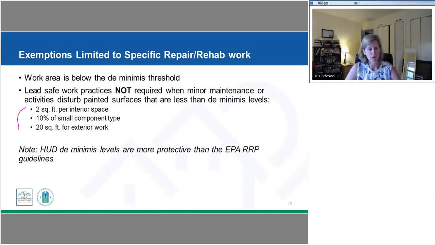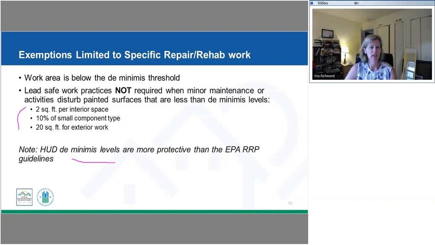HUD's de minimis levels are more protective than the EPA RRP guidelines. HUD-assisted projects that trigger the lead safe housing rule receive a higher standard of care than private sector jobs. For example, the RRP de minimis for the interior is actually 6 square feet.